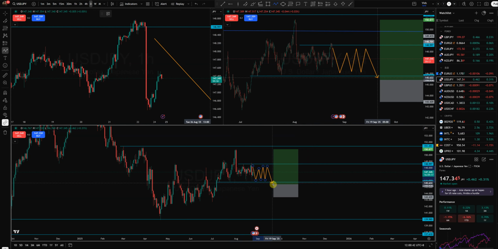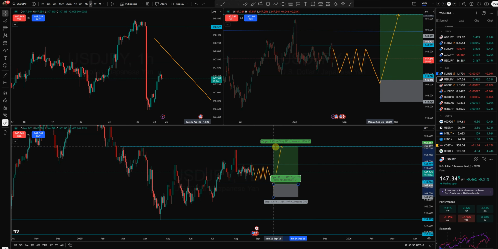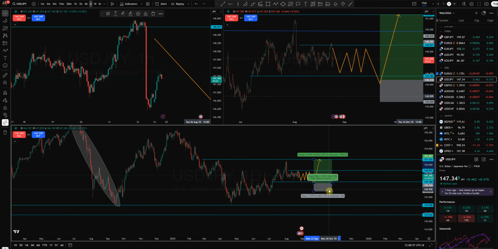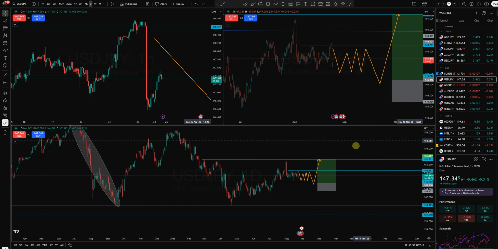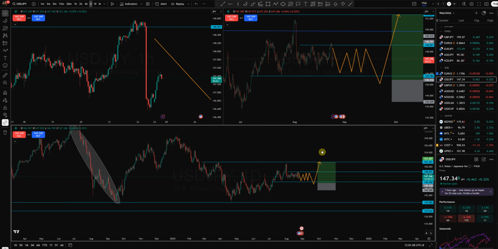What I'm doing right now is that I hope it will touch my entry level and keep going upside, touch this, go all the way up, and I have a three times RR ratio. What is it called? Risk reward ratio. Okay, risk reward ratio three.